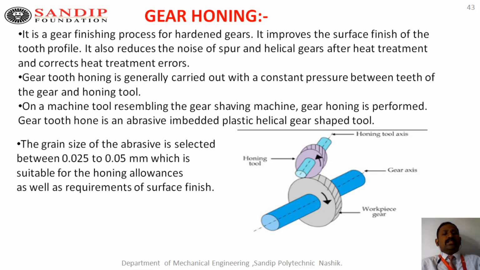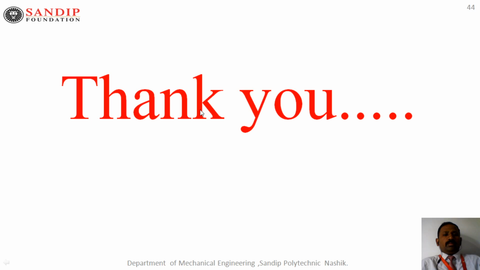Rolling is also a similar method. The same type of gears roll with more rotation in clockwise and anti-clockwise directions, like the burnishing action. That is also the rolling process. I hope you have understood these gear finishing processes.